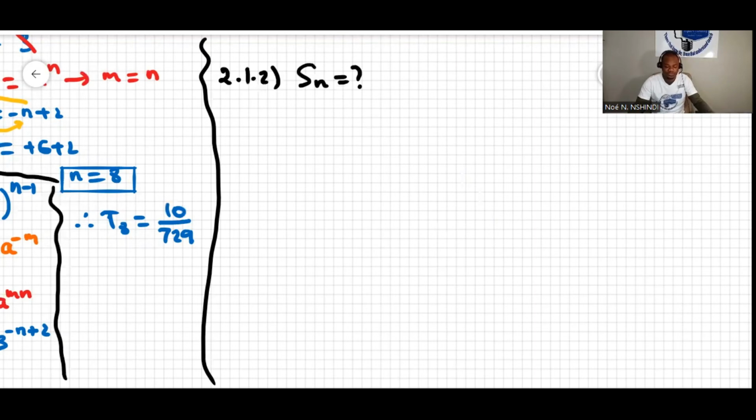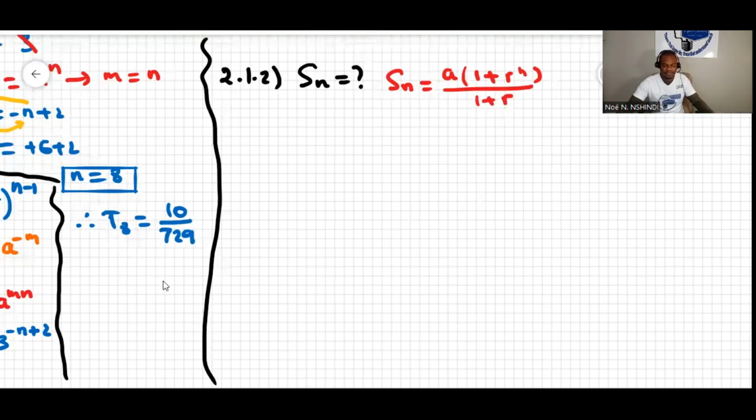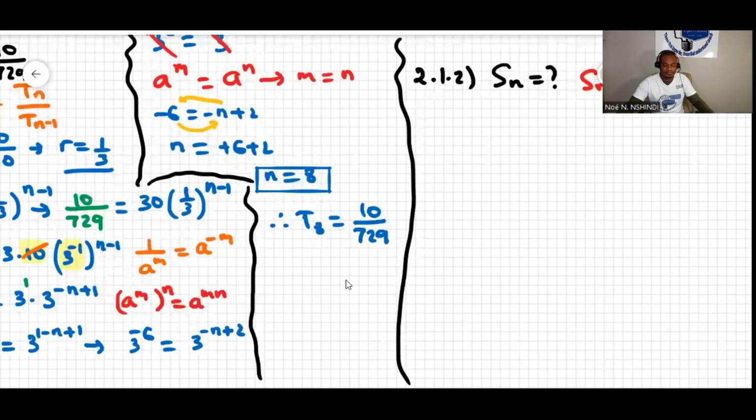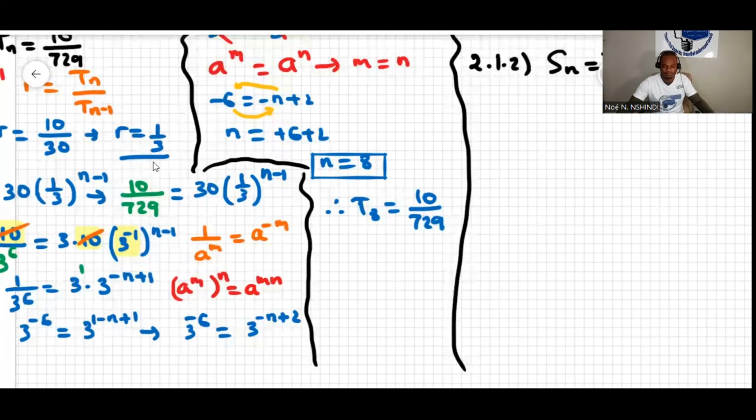of a geometric sequence, and we do know that for a geometric sequence Sn is given by A times (1 minus r to the power of n) over 1 minus r. But we noticed that we also found that r was equal to 1 over 3.